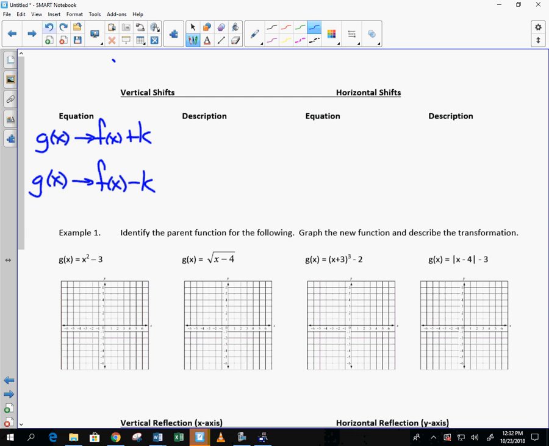There was something added onto the end of it. The fact is that would change the shape, or it wouldn't change the shape, it would just change the location. It would produce a shift k units up.